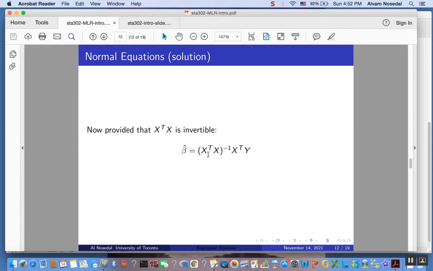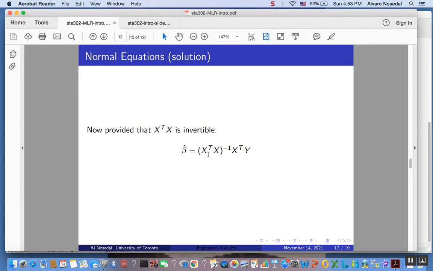Now remember that when we talked about residual analyses, we realized that the H matrix, the hat matrix, is very important in linear regression. Again, let me remind you where that matrix comes into play.